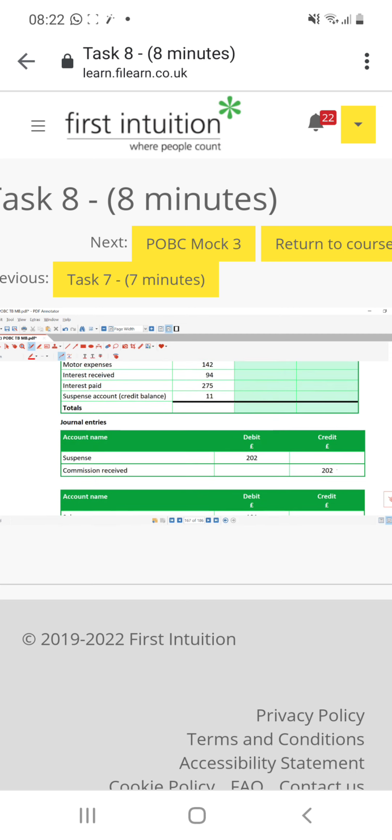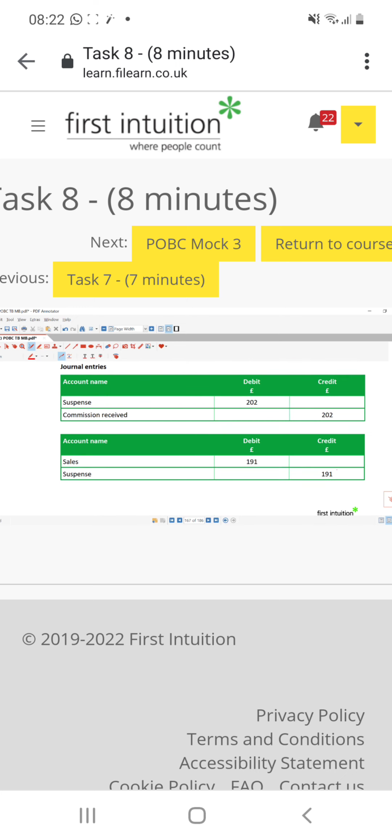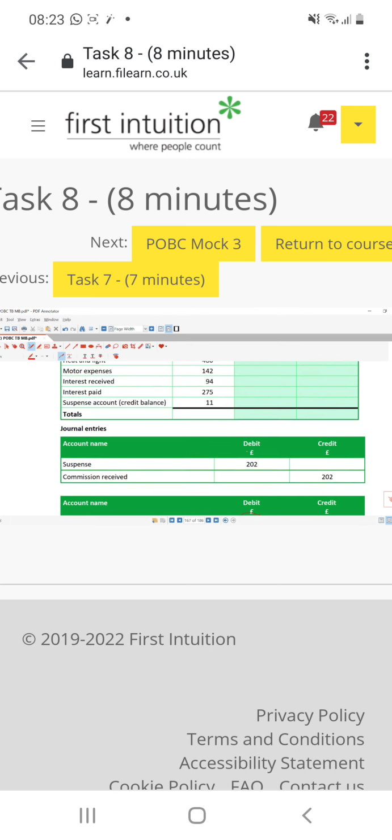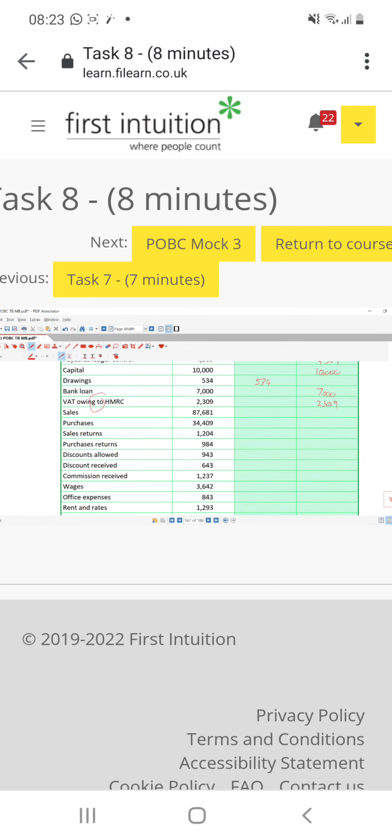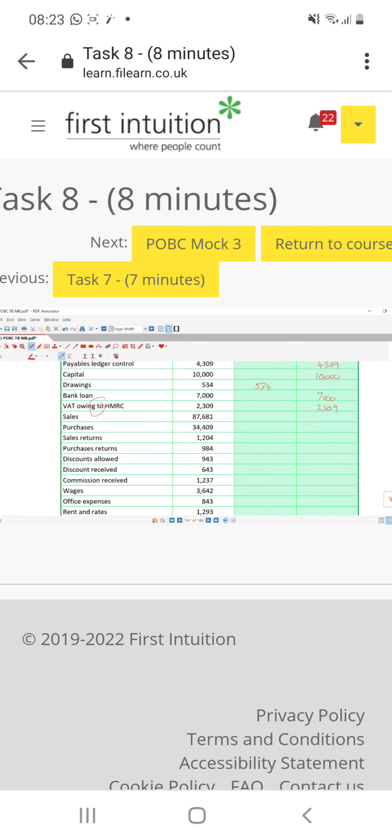But as we can see just down here, we need to debit our sales, i.e. therefore reduce our income by 191. So if we take our sales of 87,681 and deduct that 191 from it, this credit balance will now be 87,490.